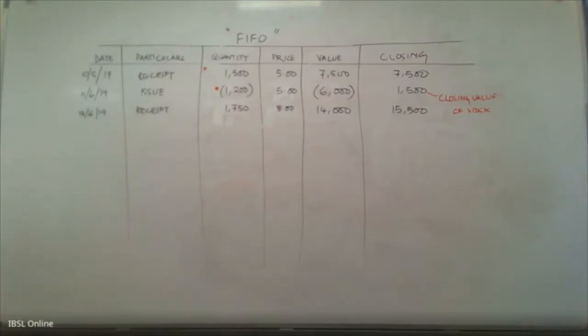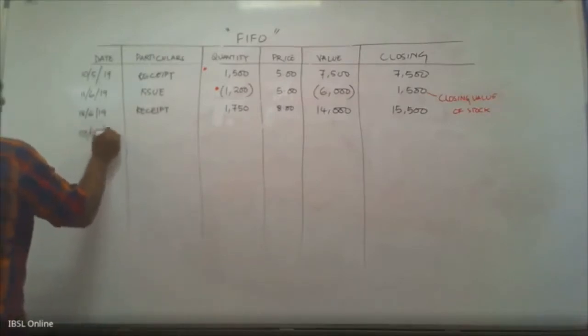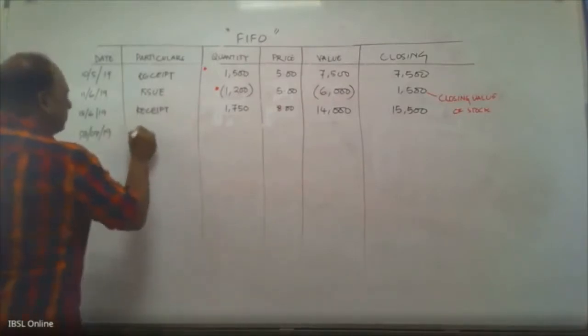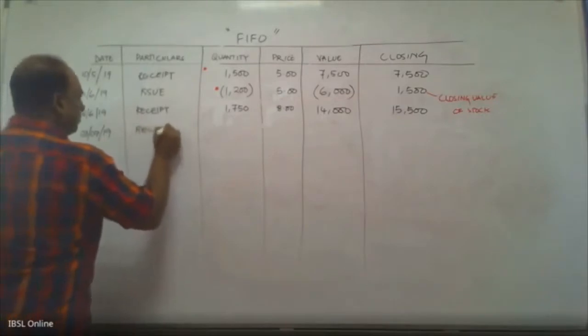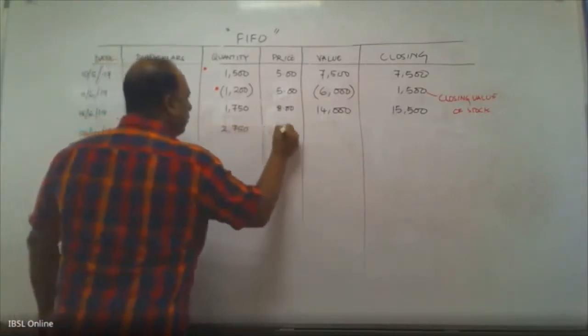So the next receipt is on 3rd of July and the next issue has happened on 20th of July. Before the issue, there is a receipt again on 3rd of July, of 2,750 units at the rate of 10 rupees.